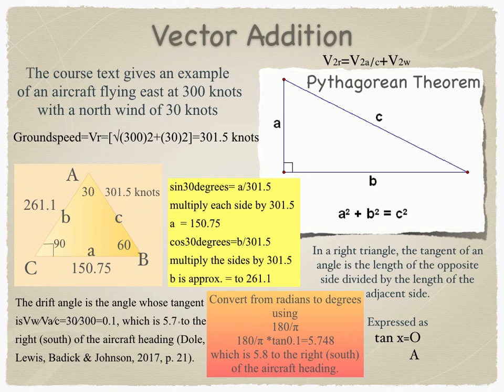Then we take the 30 knots and do the same thing, we square it. So 300 squared is 90,000, right? Follow me? And then 30 squared is 900. So you have 90,900. Well, how did they get the 301.5 knots? They didn't tell you how they got it.